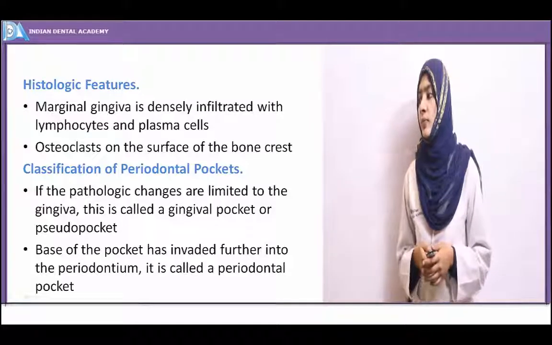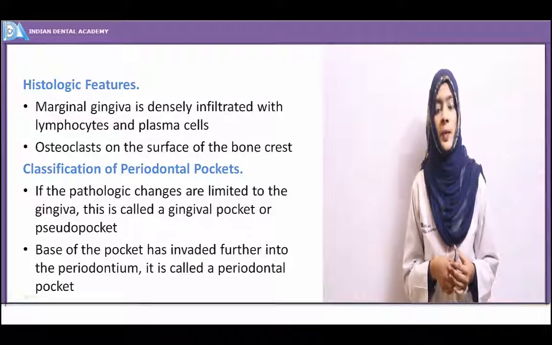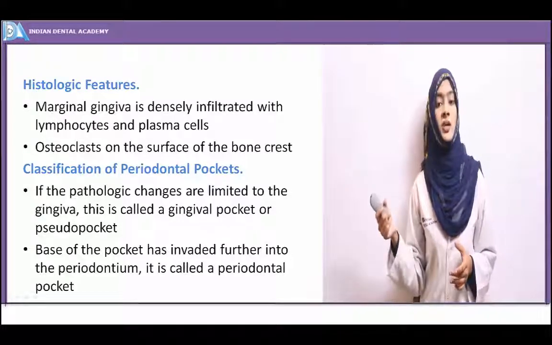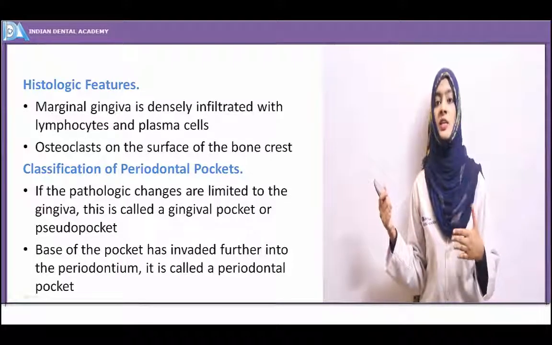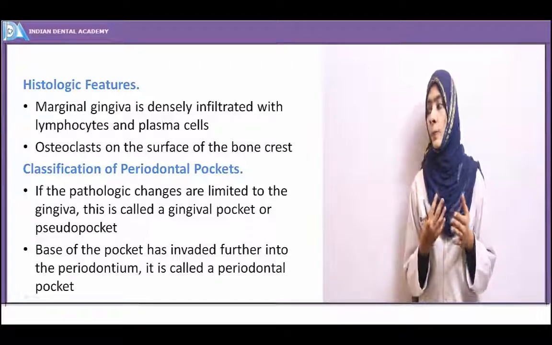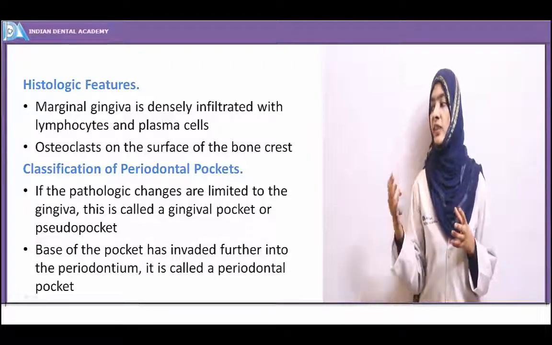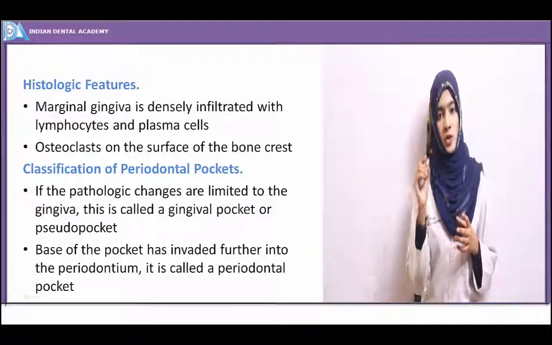Based on the presence of loss of attachment and the periodontal pocket, pockets are divided into different types. If the pathologic changes seen in chronic periodontitis are limited just to the gingiva, it is called a gingival pocket or pseudo pocket.